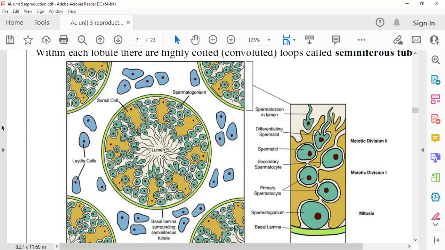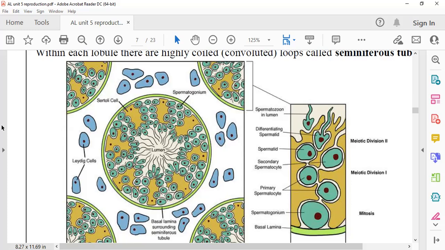Yes, sir. Right. If you see the left side picture, between one seminiferous tubule and another seminiferous tubule, there is a white color region. Can you see? Yes, sir. That white color region is called the interstitial region. What is the name given to that region?